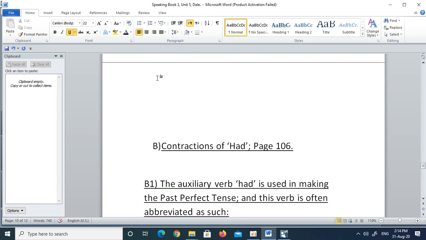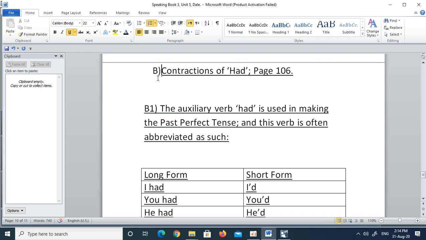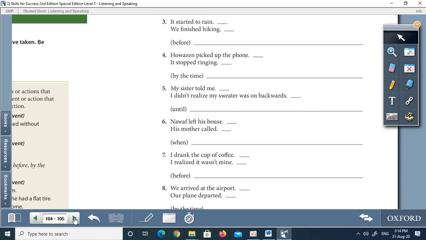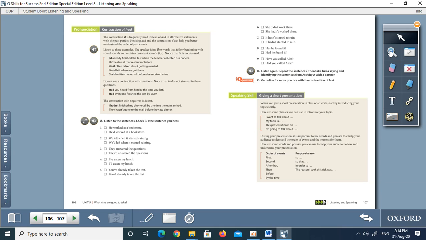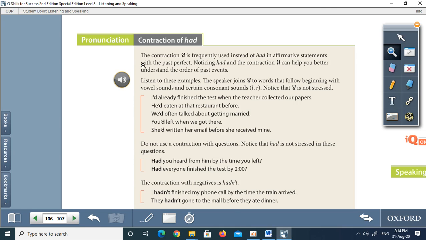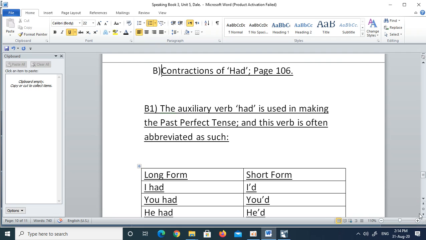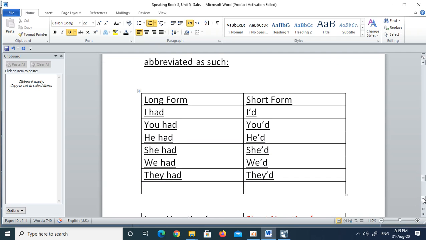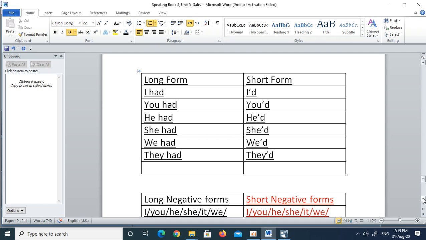Moving on, that auxiliary verb had is often contracted into shorter forms, and this is covered on page 106 in this section. If we look at the long forms and the short forms, I had goes to I'd, you had goes to you'd, he had, she had, we had, they had go to he'd, she'd, we'd, they'd.